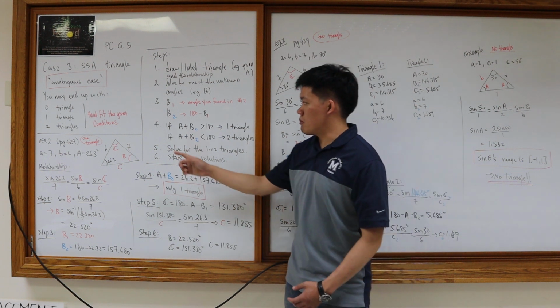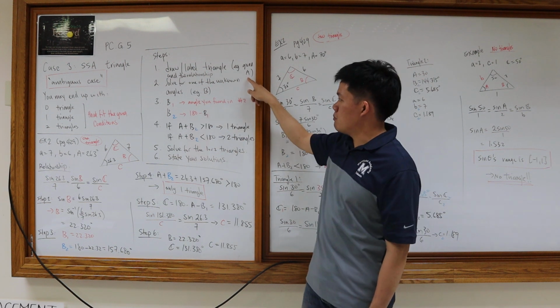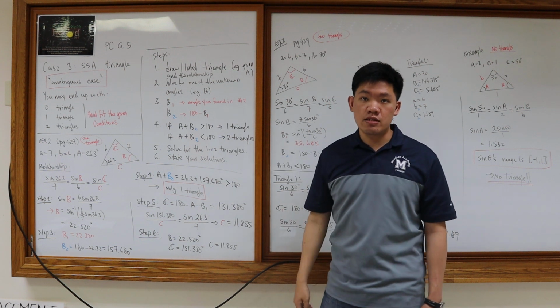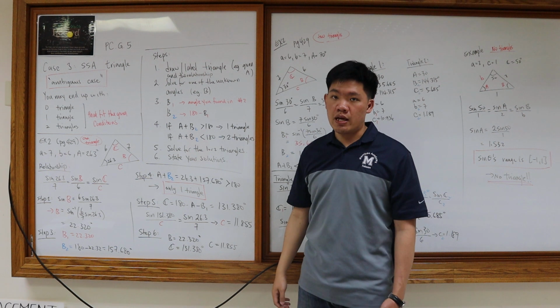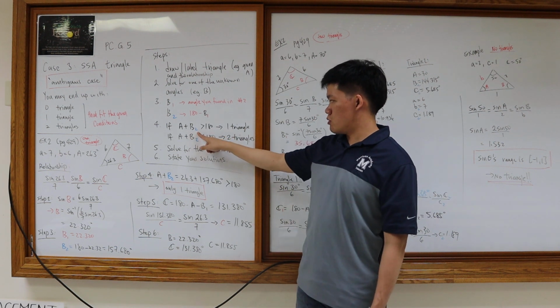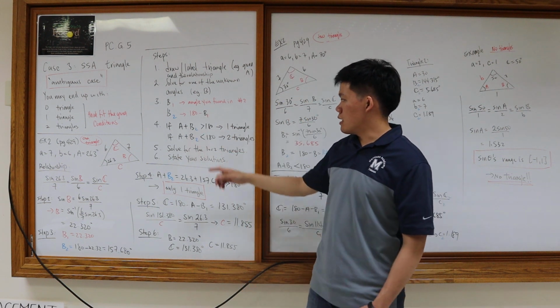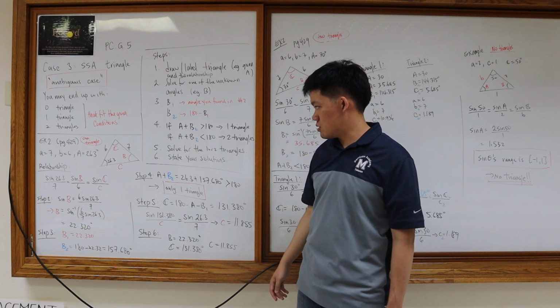In step number 4, you use the angle you're given, A, plus the angle you found, B2, and add them together. If the number is less than 180 degrees, that means you have two triangles. If the sum is greater than 180, A plus B2 greater than 180, you have only one triangle because the other triangle will not exist.